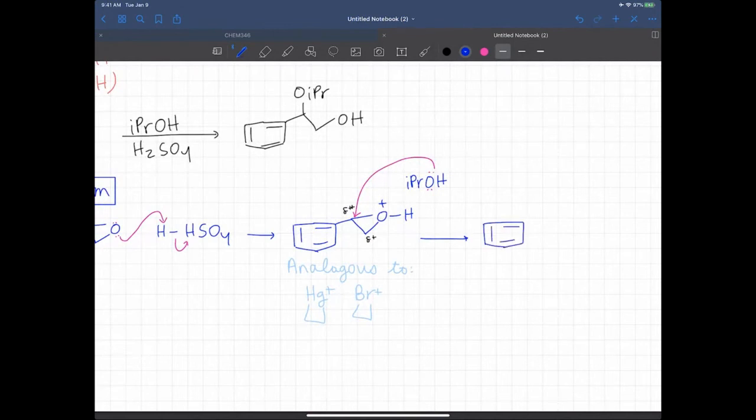Okay, and then when that happens, you break open the epoxide ring, basically. Let me just show you, break this open. So now you have an OH here, and you have OiPr and the H atom.